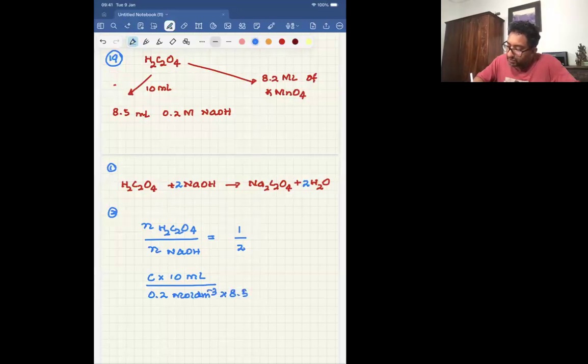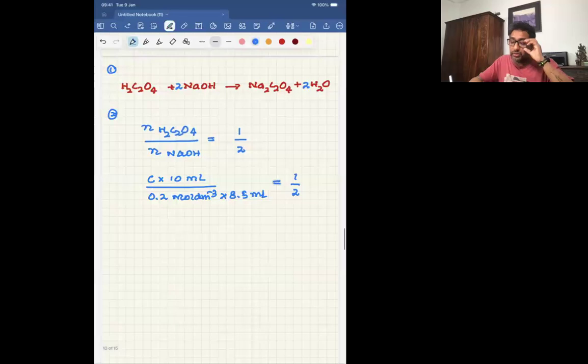I can substitute in milliliters because the milliliters cancel out. So what is the concentration? Make a 2 and this is 0.1, 0.1 again, 0.85 divided by 10.